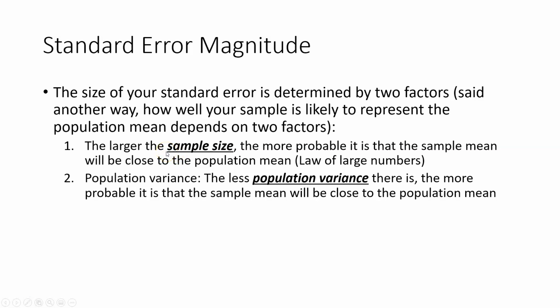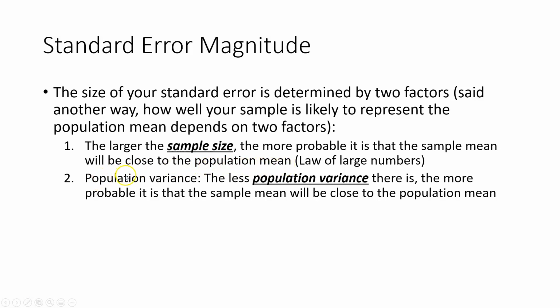But if you had a larger sample size, like say 500 people or 1,000 people, then you could with greater confidence compute what you think is probably very close to the population mean of all the people in the United States. So the larger the sample size, the more probable it is that the sample mean that you've computed will be close to the actual population mean.